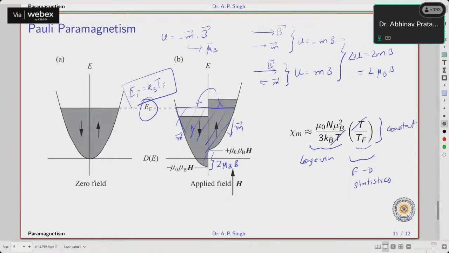It is independent of temperature. So this is what Pauli paramagnetism was. Remember that this Pauli paramagnetism is not due to localized moments, it is due to the conduction electrons. And this paramagnetism is independent of temperature. It does not depend upon temperature.